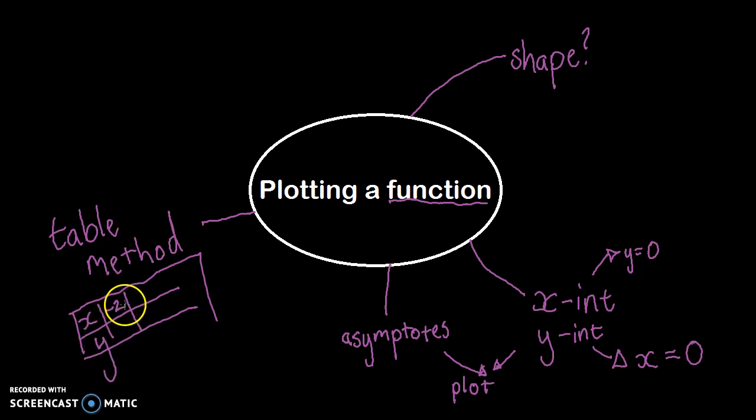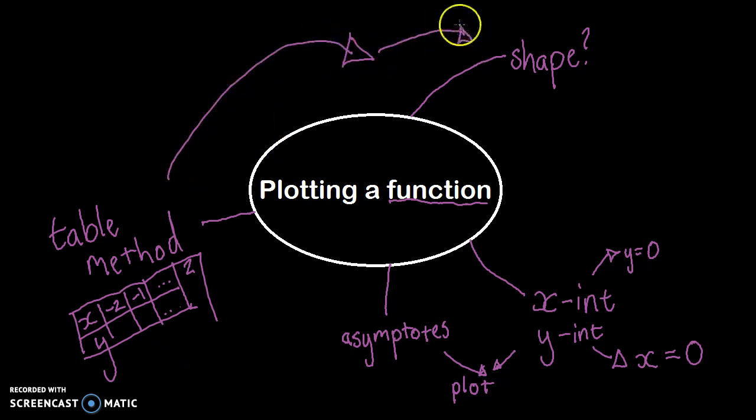I would start with -2, -1, and then go all the way up to +2. And then at least you've got some coordinates to plot. Listen, it's not going to be perfect, because you will need to draw the right shape. But at least you'll be able to do something that looks like what you need to have.